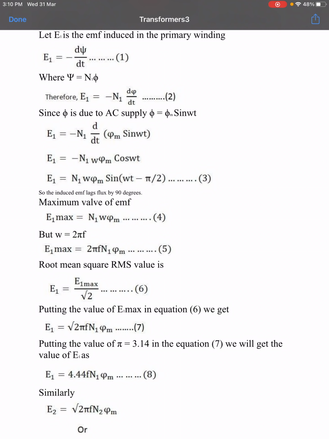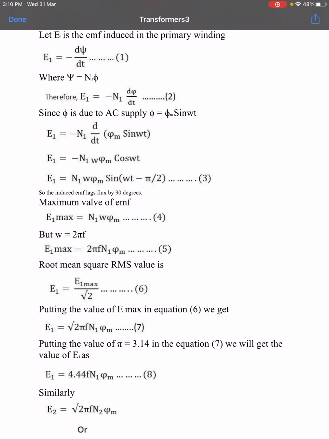After that, E2 equals N2 omega phi m cos omega t. In terms of sin, we require sin of omega t minus pi by 2. So we require the maximum value of EMF: E2 maximum equals N2 omega phi m.